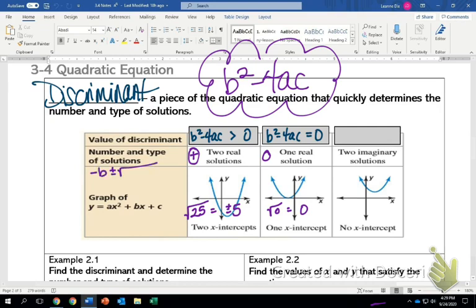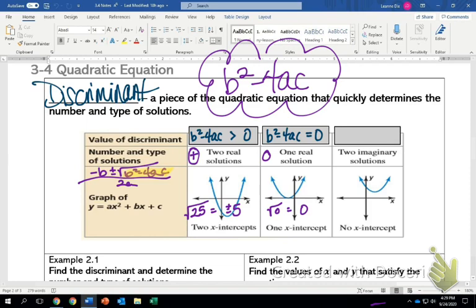Negative b plus or minus square root of b squared minus 4ac, all of that over 2a. So again, I'm just talking about this portion with the discriminant, but since it's part of that quadratic equation, of course I could have the positive and negative, but if it's 0 under the radical, then positive or negative does not affect 0, because 0 is neither positive nor negative.